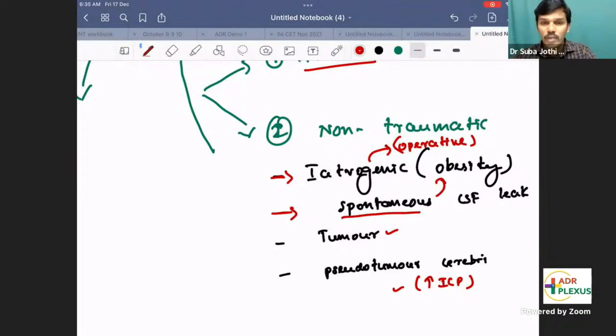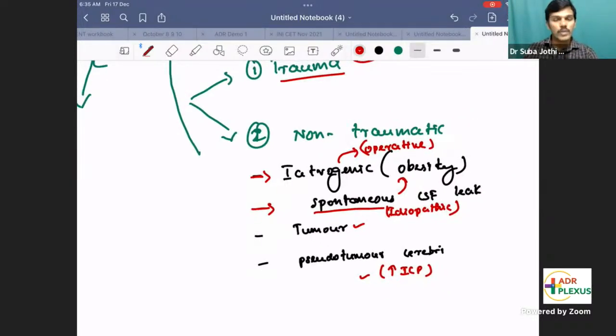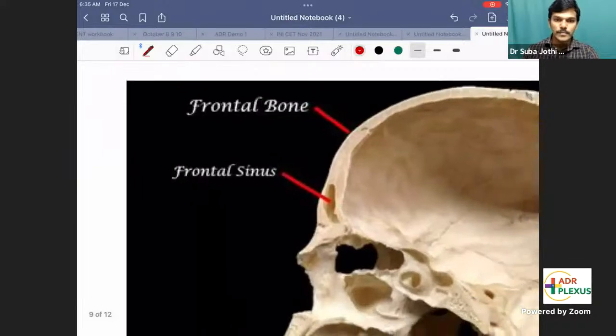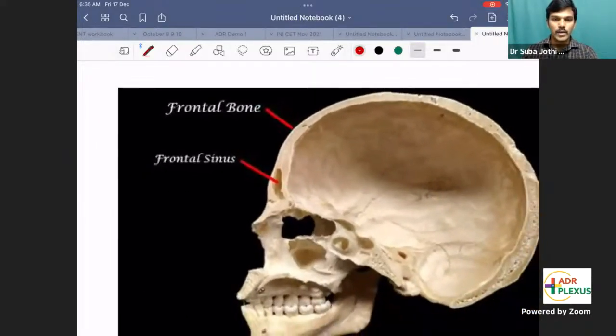When we are operating upon the frontal sinus or sphenoid sinus, we can inadvertently injure the skull base. That is iatrogenic. Spontaneous CSF leak occurs without any cause, so that is idiopathic. Is it clear? Shall I proceed? Are you clear with idiopathic and iatrogenic?